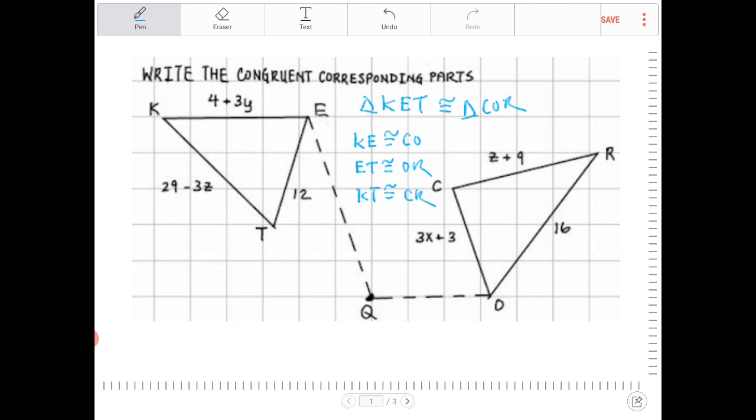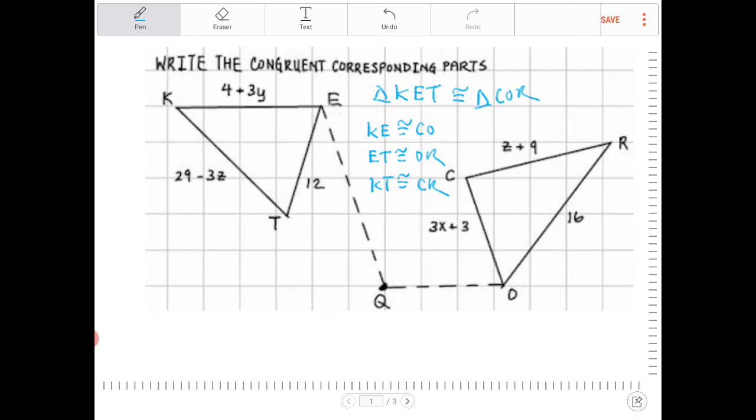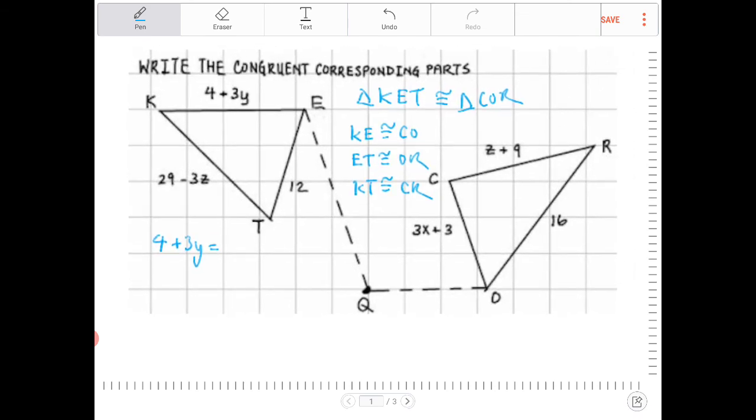So looking at this, I know that KE is 4 minus 3y. Sorry, that's a plus. 4 plus 3y. That's KE. And CO is 3x plus 3. Did I mean to do KE and CO?